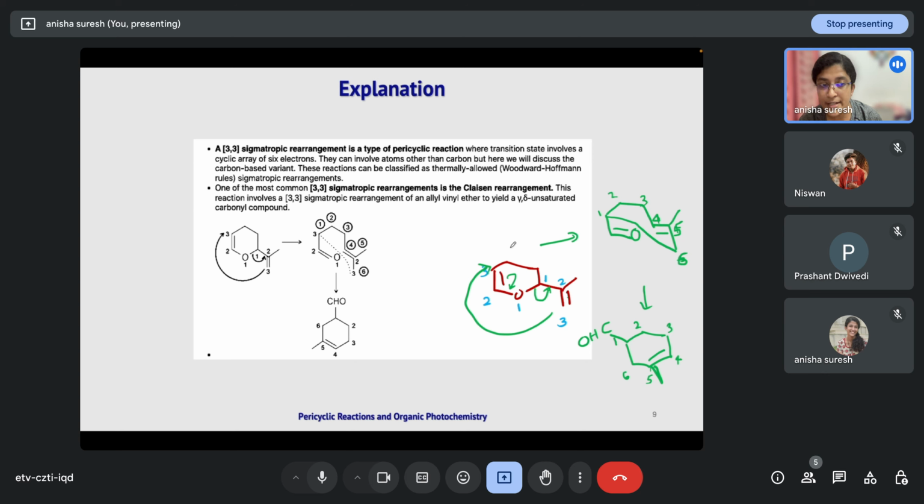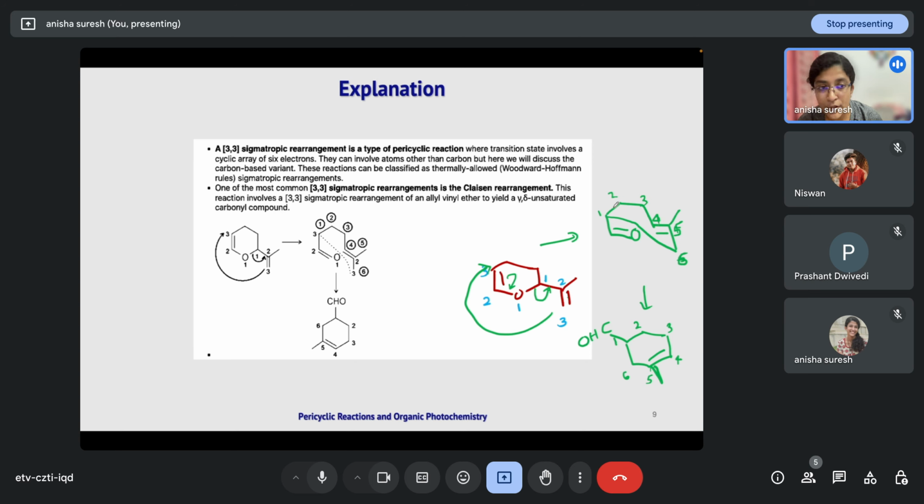So this is how the reaction is taking place. First, we have to number the carbons accordingly for 3,3 sigmatropic rearrangement. So this is 3, 2, 1, like 3, 2, 1. Then between carbon 3 and 3, a new bond will be forming. This electron will be shifting like this, and here a new double bond will be forming after breaking of this bond, and it can be drawn in this fashion.